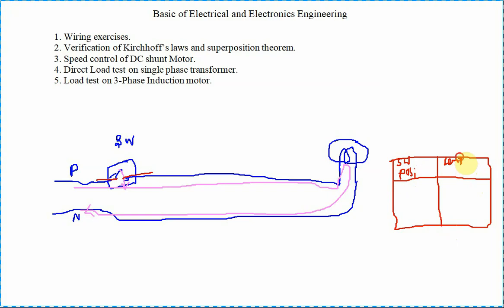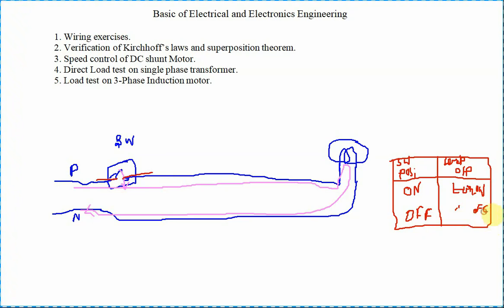When the switch is on, the lamp will turn on and glow. Write it down neatly. When the switch is off, the lamp is turned off, it is not glowing. Note it down. That's all, this is the tabulation we are going to fill neatly.